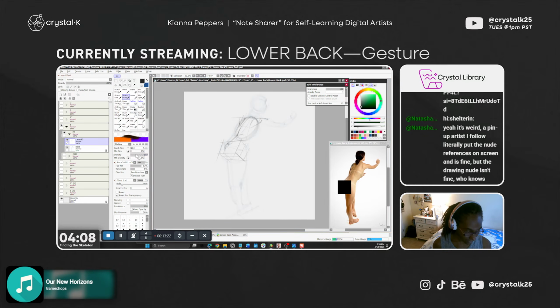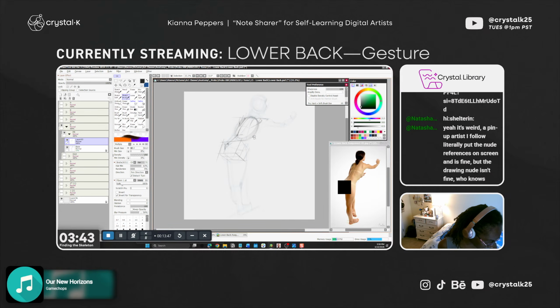Cool. Rib cage. Feels a little small, so let's see. I can see right here that dent is where rib cage kind of pokes out. So that's going to be my guiding line for everything.